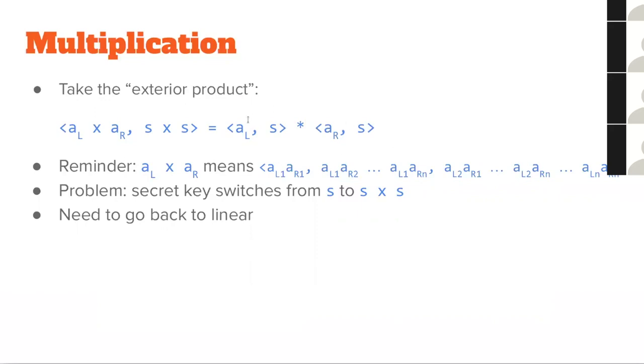Because of this algebraic identity, that equals the same thing as (AL exterior product AR) dot producted with (S exterior product S). So if you take two ciphertexts and exterior product them, turning them into this big vector that contains all possible products of their elements, then that becomes a valid ciphertext of M1 times M2 under the key S times S, right? So you can multiply, but the length of your secret key grows quadratically. And so the challenge is you need a way of going back to linear.